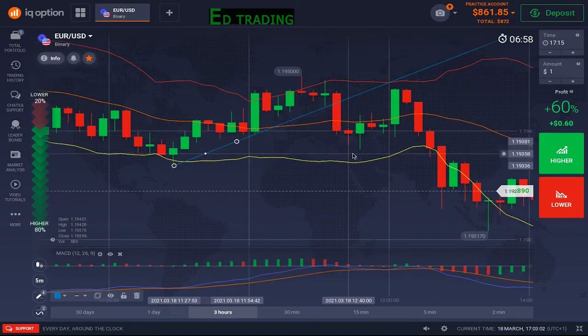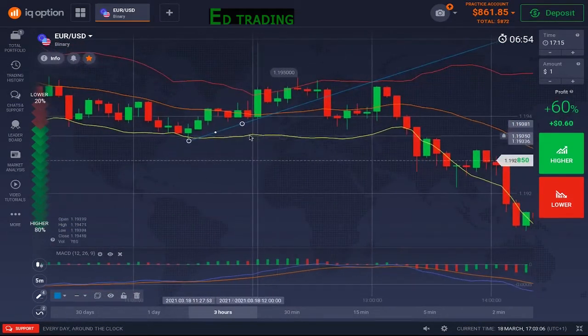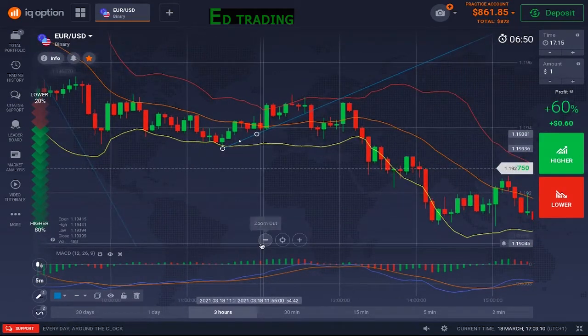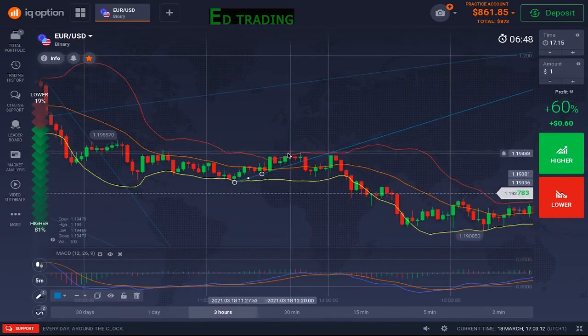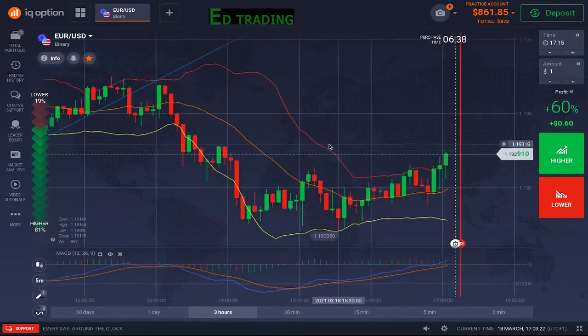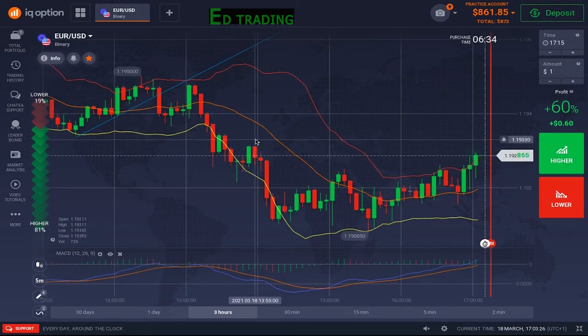But now, the reason why you should not sell in this situation is because, when you zoom out, you see that you are in a sideways movement. And as I always say in my videos, anytime you see a sideways movement like this, you avoid the trade. You wait for a trend to happen again before buying or selling a trade.